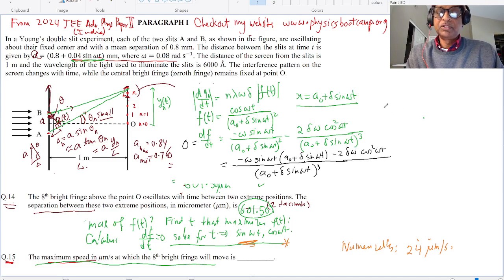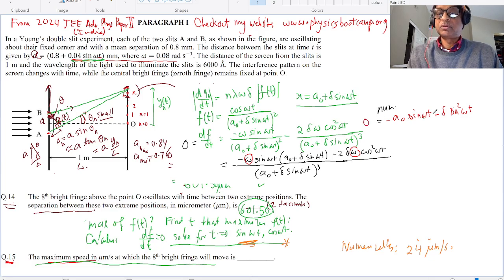So the numerator is, expanding this, you can see the omega is in everything, so we can just get rid of omega. So this is going to be minus a0 sine omega t minus delta sine square omega t.